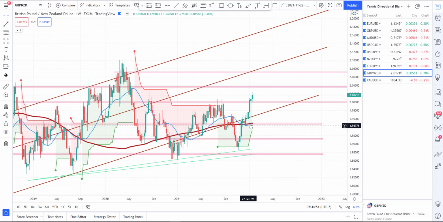But generally speaking, I don't like those straight up moves. Whenever I see something that doesn't show anything red and that's so violent in its move up, if I had to measure that, it's something over 1,000 pips.